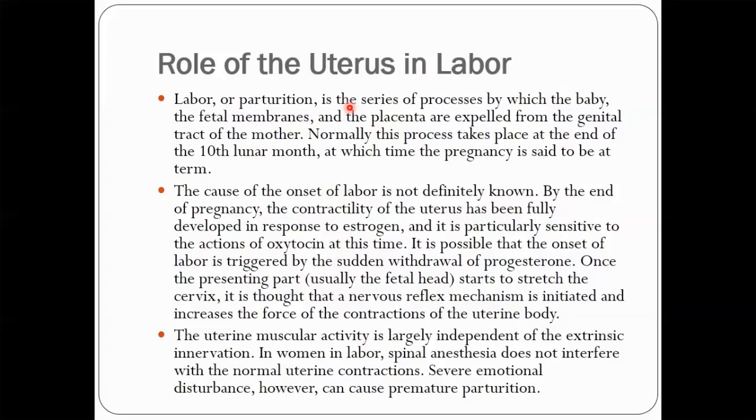And we said that at the end of pregnancy, when the baby's growth is complete, uterine contractions start, stimulated by nervous and hormonal factors. One of the most important hormones is oxytocin, which is released from the posterior pituitary gland.